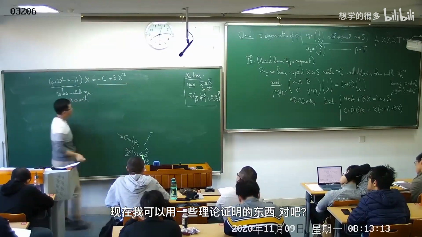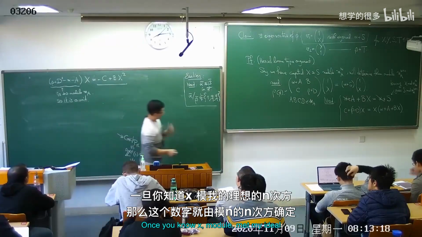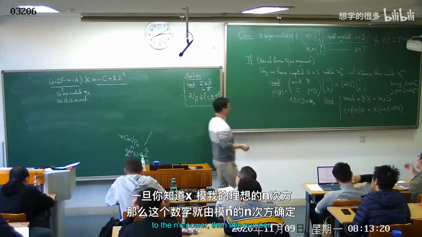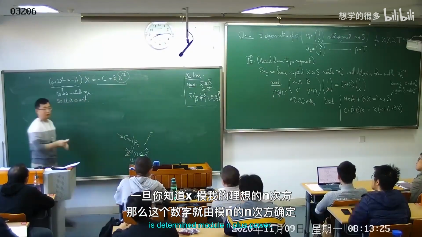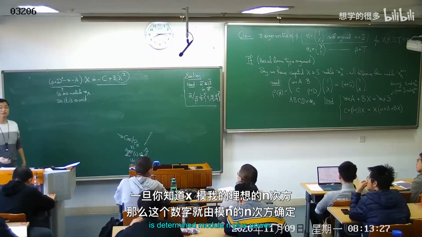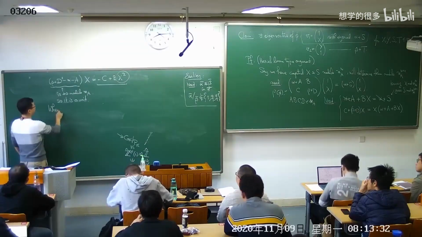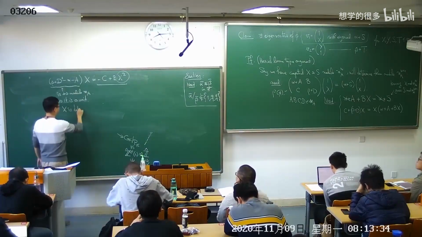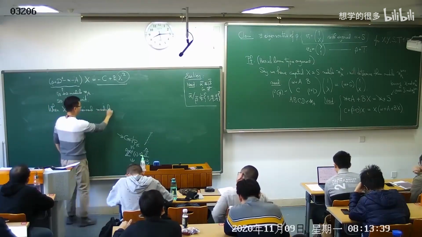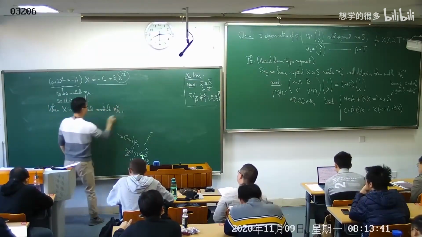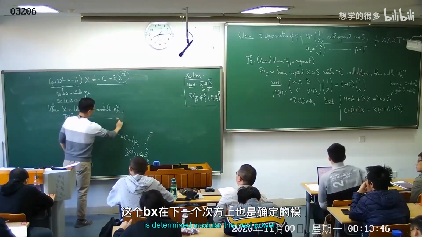Now this is determined, and now I can use how Hensel's lemma is proved. Once you know x modulo the maximal ideal to the nth power, then this number is determined modulo the n plus first power. This bx is determined modulo the next power.